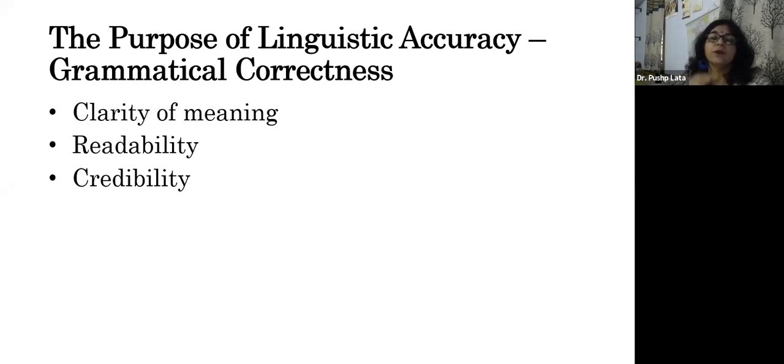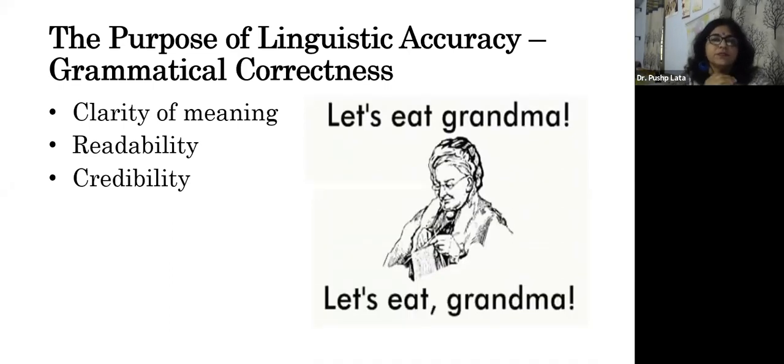With synonyms also, it's not that you can freely change the word. You need to see whether the other synonym fits in that particular context or not. So I suggest that we need to work on the grammatical correctness of our documents.